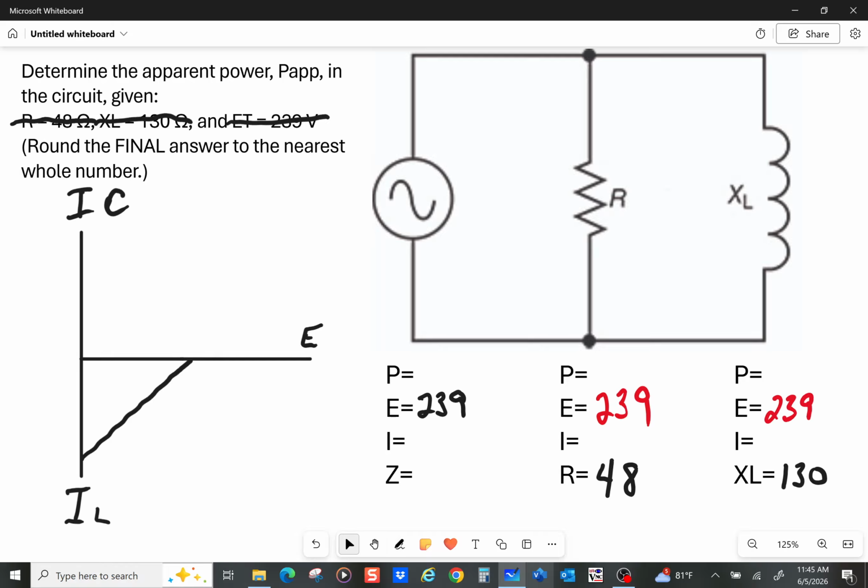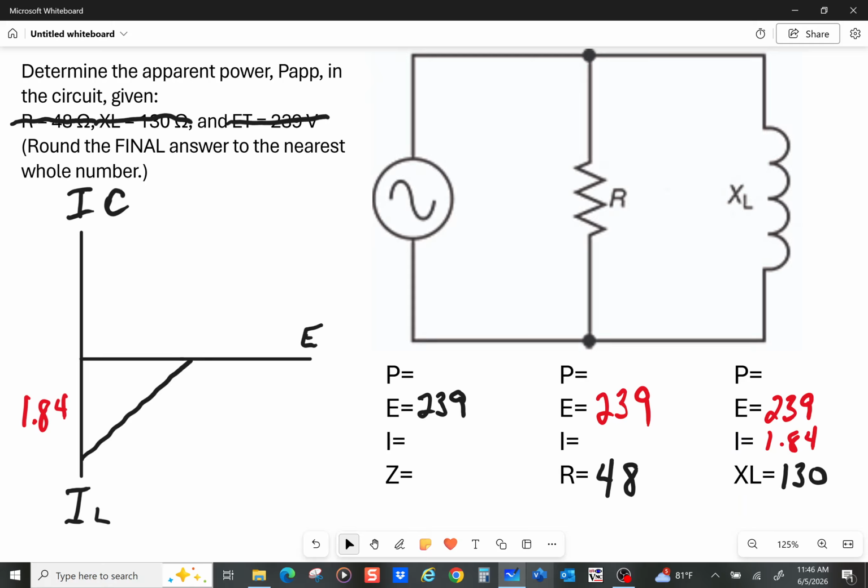Okay, so now we can take our calculator, and I'm going to go from right to left. I'm going to do the inductor first, where I have 239 volts and 130 ohms, and that gives me a value of 1.838, so we're just going to put 1.84 amps. And I know that that 1.84 amps is right here.